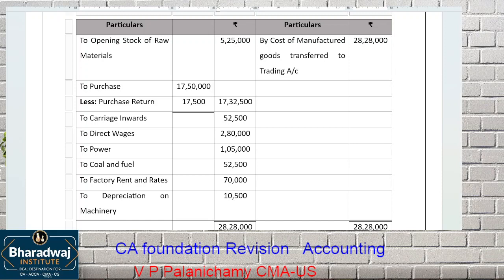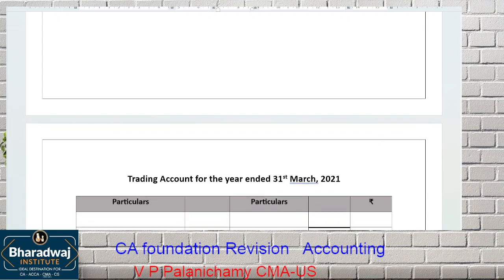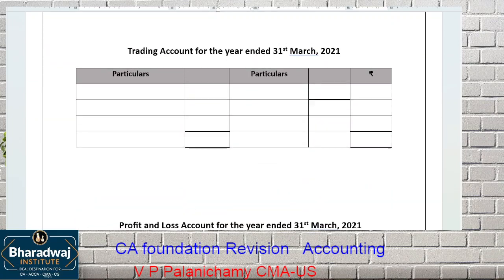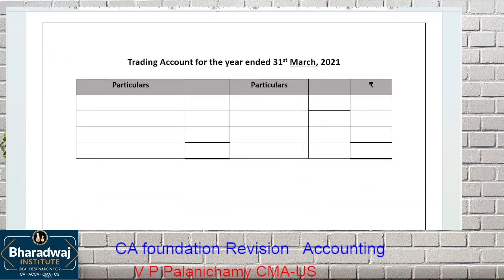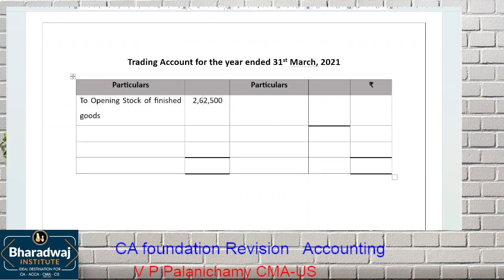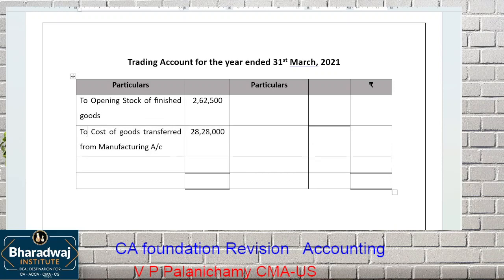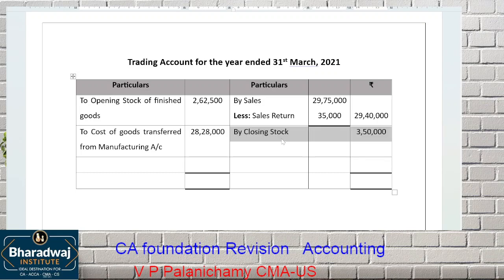Start with the trading account. What will come in the trading account? Opening stock of finished goods. Then the cost of production will be recorded. Sales minus returns. Then closing stock of finished goods will come. Tally it and find the gross profit.